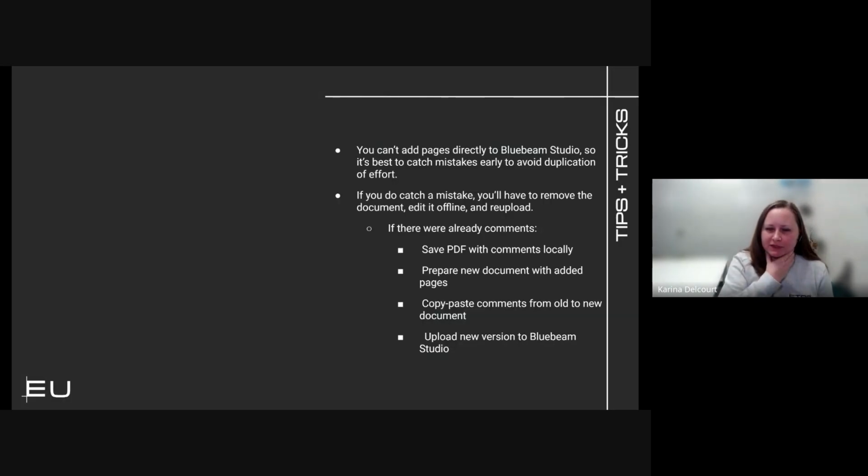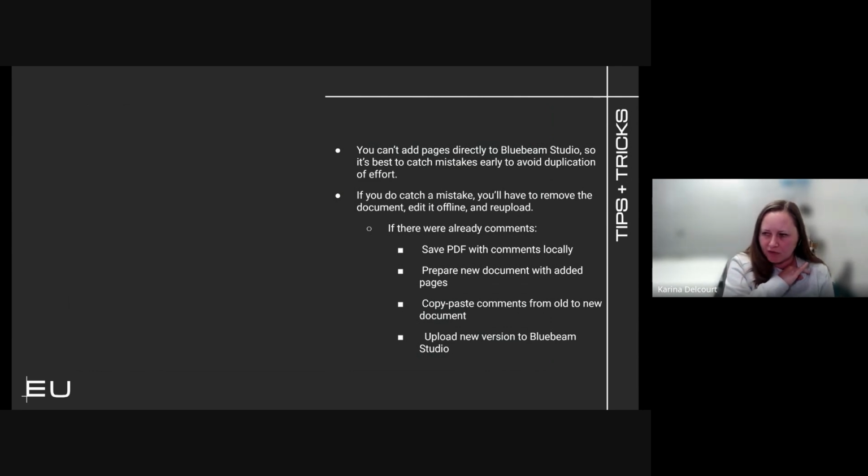A couple tips and tricks that Ricky and Vin have noted: if you do make a mistake or you have to add pages, you can't add them directly to the Bluebeam Studio session. So you're going to want to download it, edit it offline and then re-upload it.